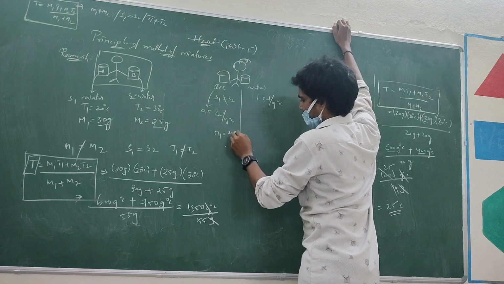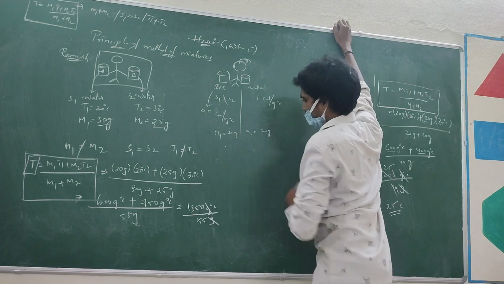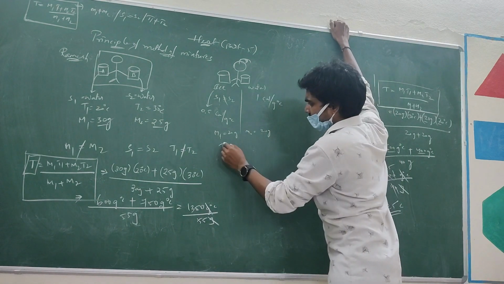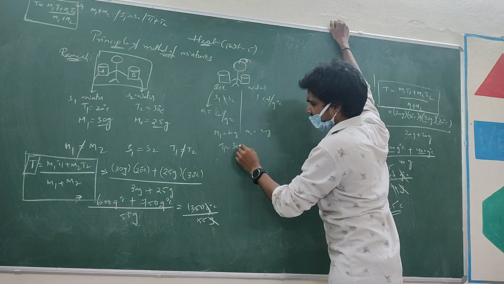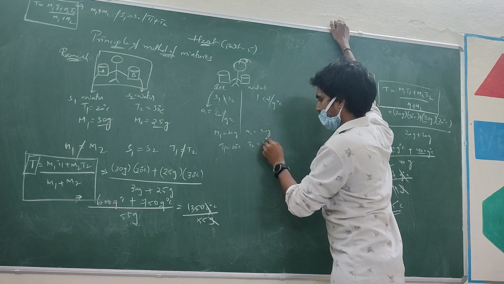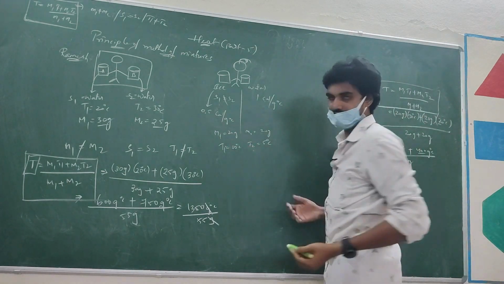M1 is equal to 20 grams and M2 is equal to 20 grams again. Masses were equal, and finally temperatures were not equal, that is T1 is equal to 10 degrees centigrade and T2 is equal to 5 degrees centigrade. So in this case it looks like case 2.